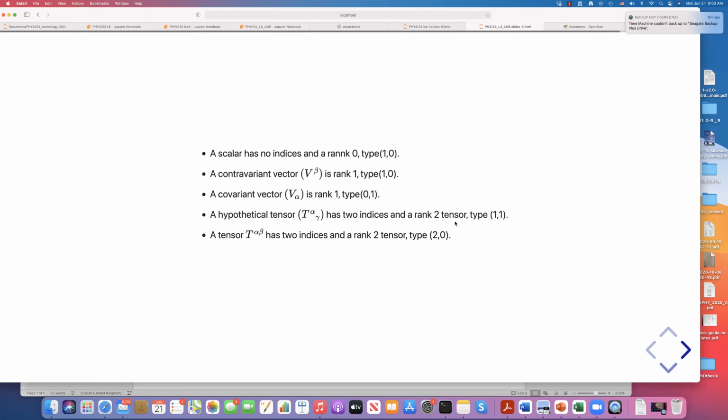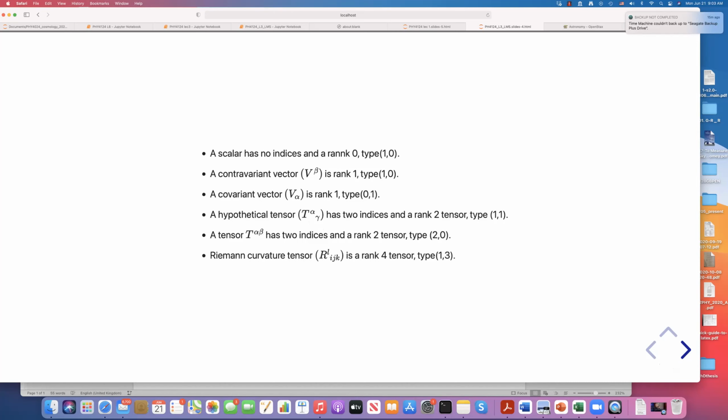But the difference is in the type, right? So this one is type 1, 1, because you have 1 upper and 1 lower index. But this one is rank 2, and the type is type 2, 0. So that means you don't have any lower indices, but you have 2 upper indices. Because of that, the type is type 2, 0, right? So that's how you differentiate this tensor and this tensor.